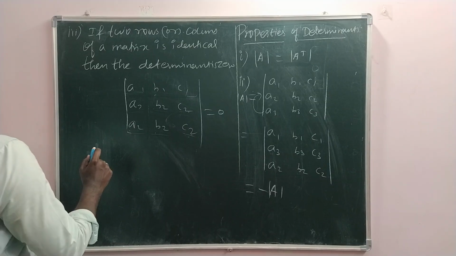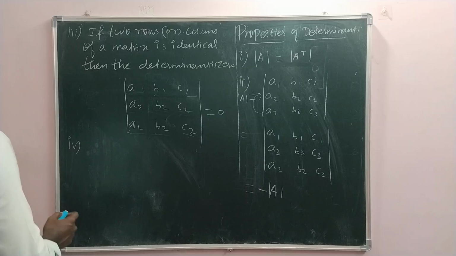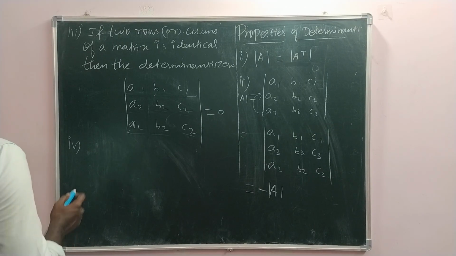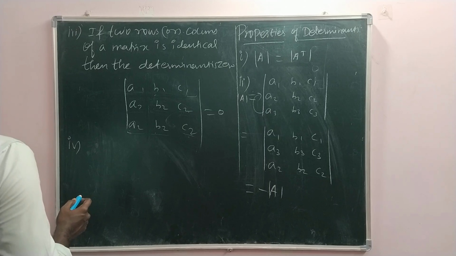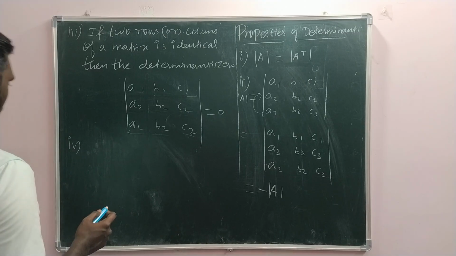And then the fourth property: if all the elements of a row or column of a square matrix are multiplied by a number k, then the determinant value of the resulting matrix is equal to k times the determinant value of the original matrix.